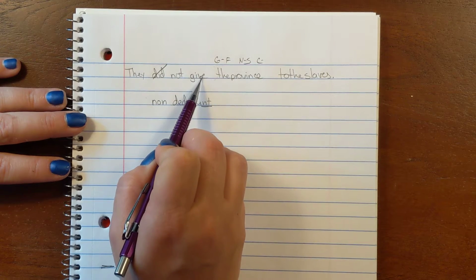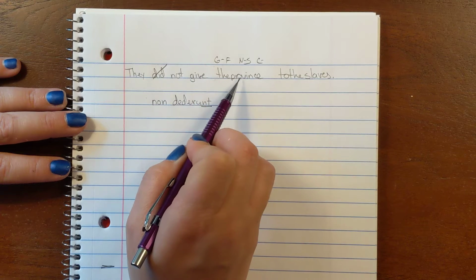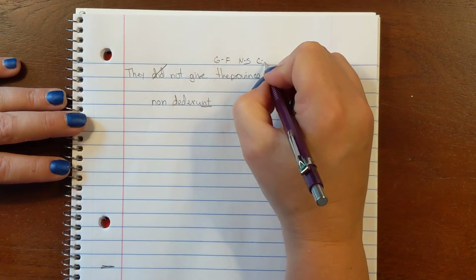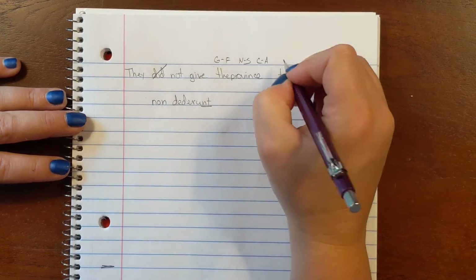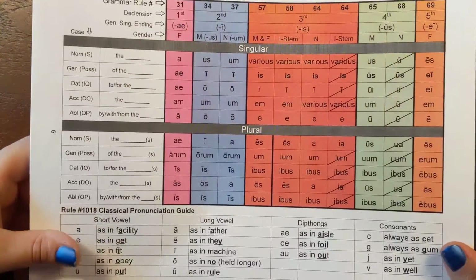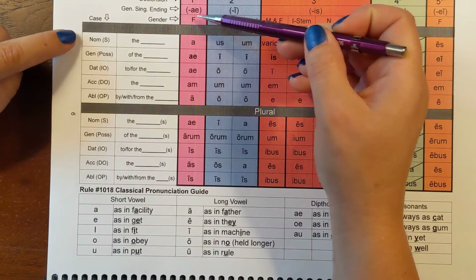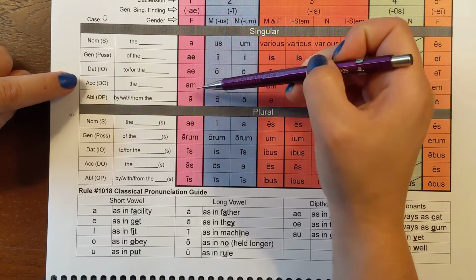They, subject, give, verb. They give who or what? They give province, direct object. In Latin, the direct object is in the accusative case. Okay? So, in order to translate that, all we do is bring down our chart and say, first declension, feminine, singular, accusative.